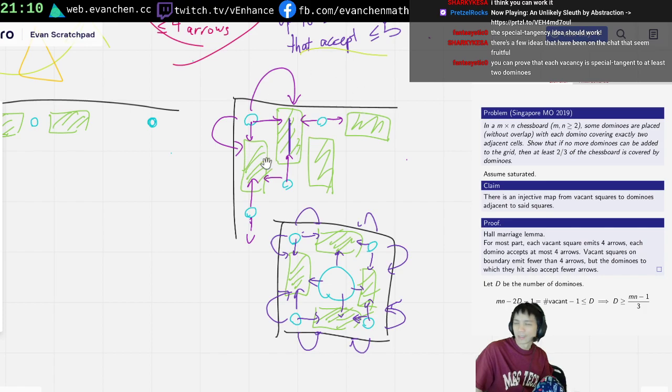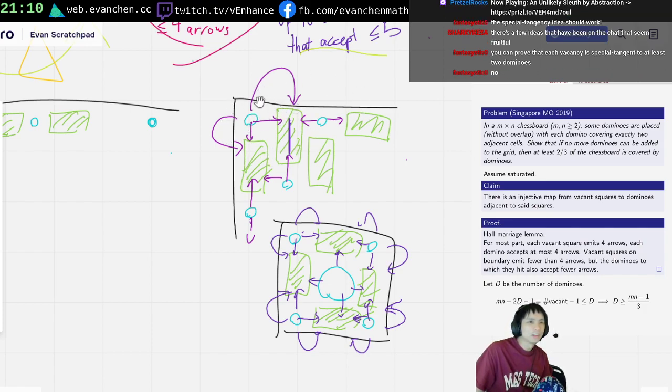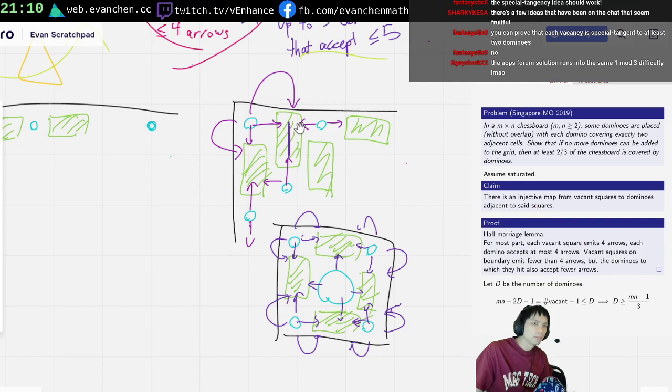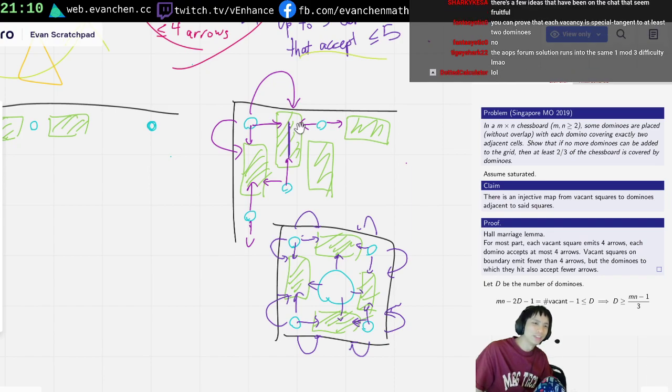What about this? Can you deal with this picture, right? The thing where the corner gets double. The AoPS 4 also runs into 1 mod 3. Are you serious?